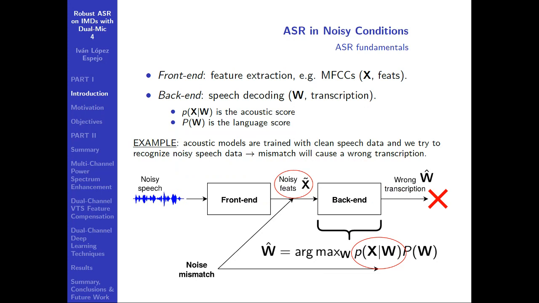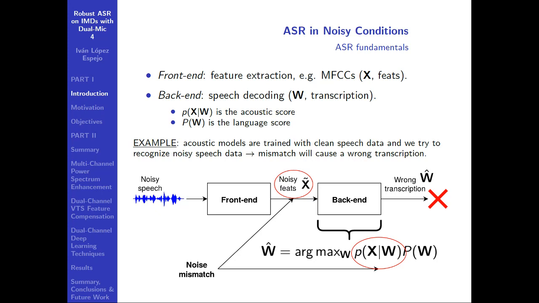A speech recognition system is comprised of two main stages, front-end and back-end. The goal of the front-end is speech feature extraction, so for example Mel frequency cepstral coefficients. And the goal of the back-end is to find the most likely sequence of words from the set of speech features.